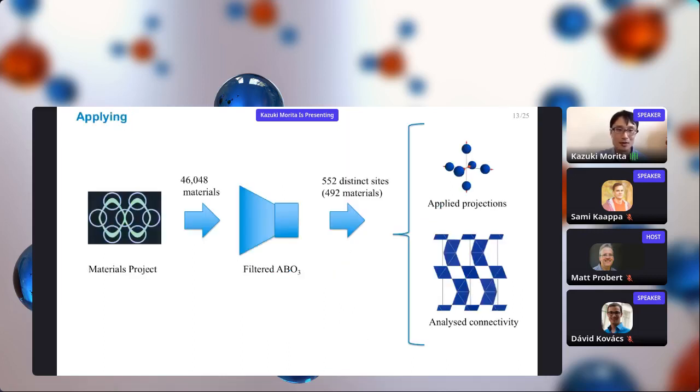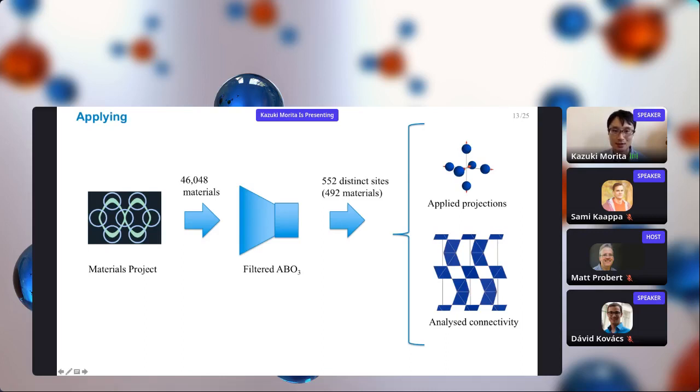This is what we have developed, and we actually applied this to materials obtained from Materials Project. We obtained 46,000 materials and screened materials with ABO3 composition. We had perovskite in mind, but of course we have different polymorphs of ABO3 in here. This resulted in 552 distinct sites out of about 500 materials.